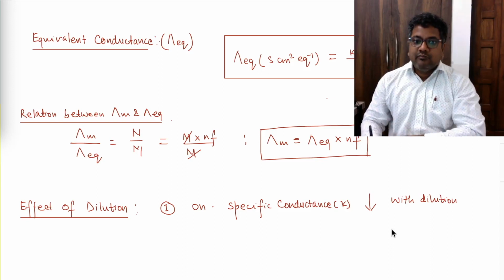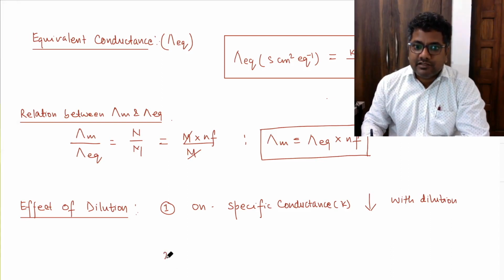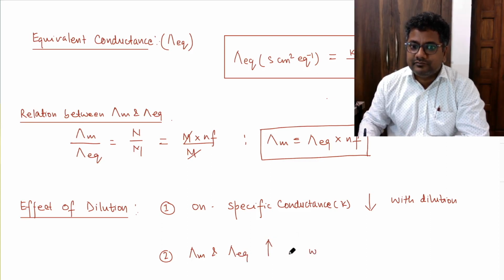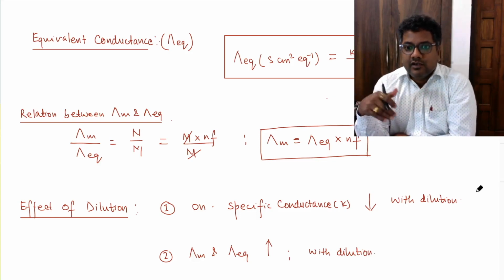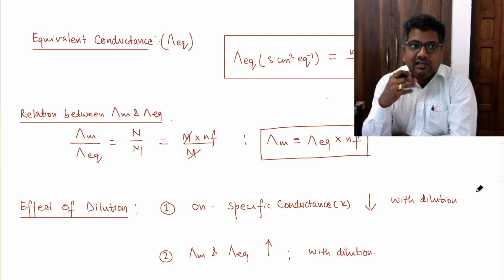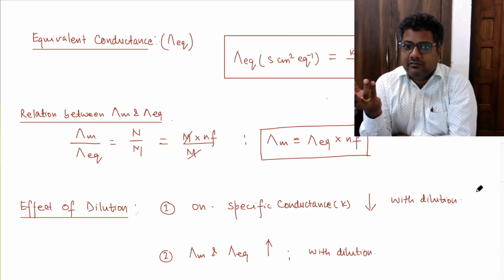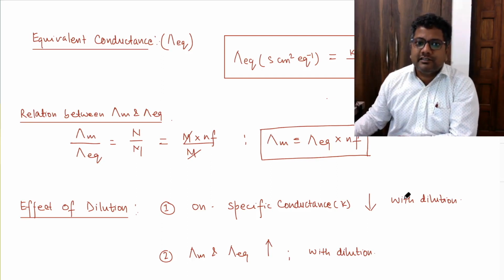Now see, second point: molar and equivalent conductance. Lambda molar and lambda equivalent increase with dilution. Again, the question is why? This time, the total number of ions increases, and we do not require the volume, because you know it is independent of volume.